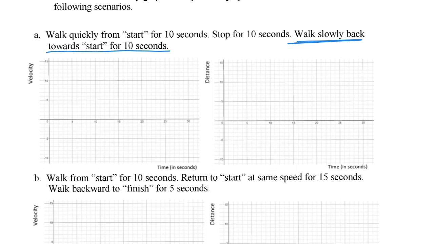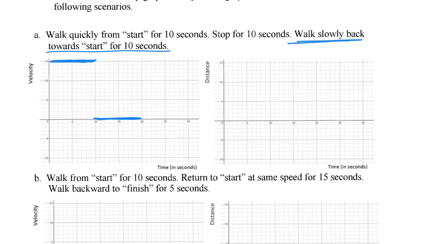So if I pick my velocity as 15 miles per second, walking quickly for the first 10 seconds, then you're stopping for 10 seconds. Recall from the day before that the velocity graph will appear as horizontal lines.